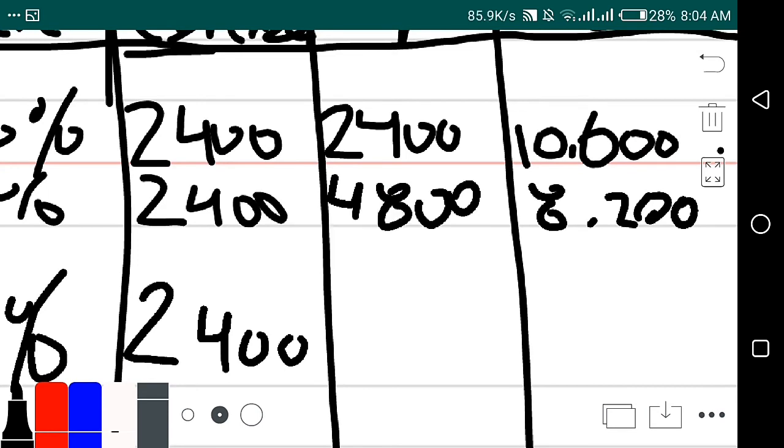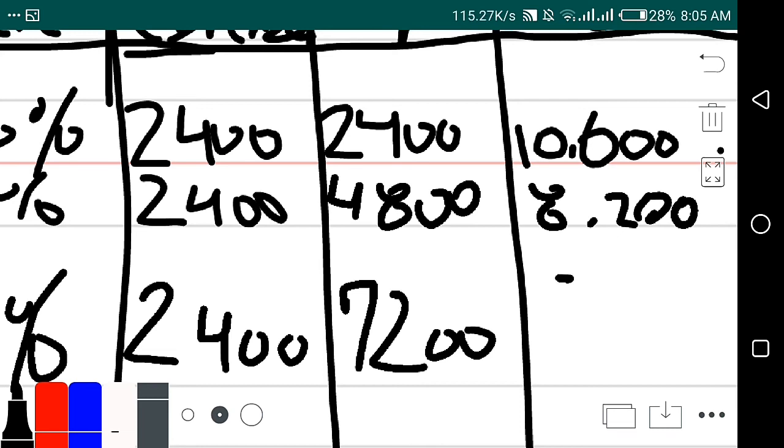So the accumulated depreciation is 4,800 plus 2,400, or we can sum up the annual depreciation expense. Therefore it would be 7,200, and the book value would be cost minus accumulated depreciation. It would be 30,000 minus 7,200. Therefore it would be 22,800.